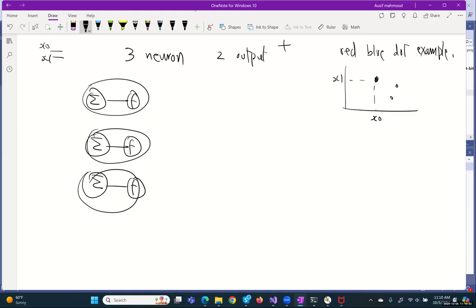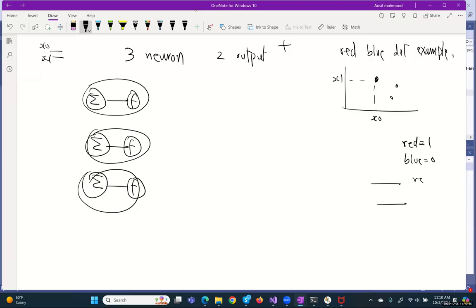So we will feed the XY coordinate. We already know in the training data if it's blue or red. So the red, suppose, is 1 and blue will produce an output of 0. So we have 1, 0. We will have two outputs.